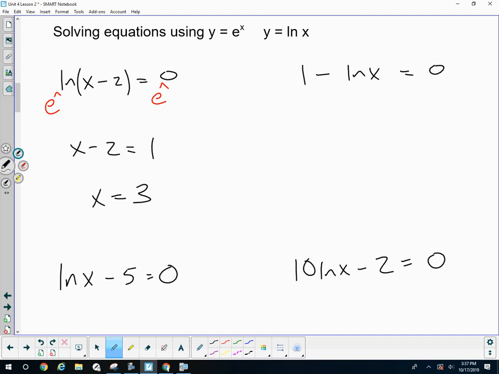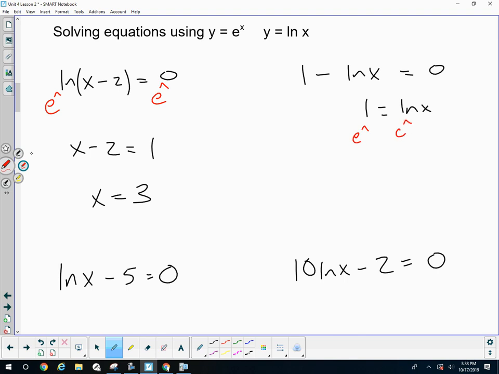Don't go crazy, though, and start taking e to the power of everything whenever you see a log. Isolate your logarithm, like you would isolate a square root, or like you would isolate sometimes an x squared. Add log x or subtract 1 and divide by -1. Then take e to the power of both sides.